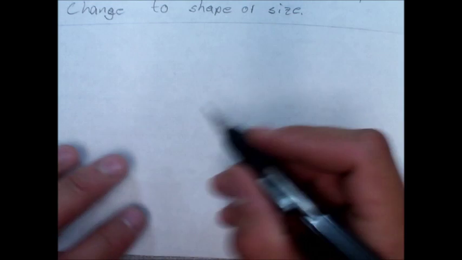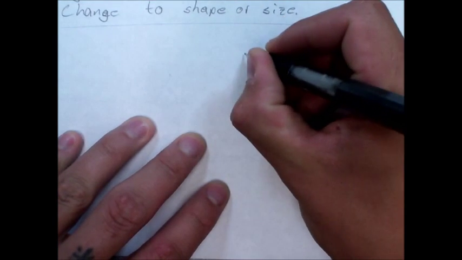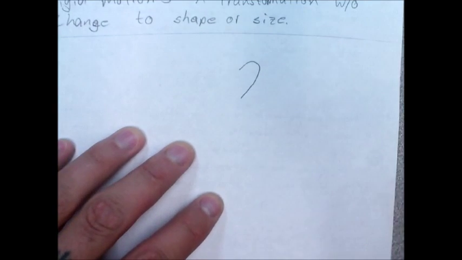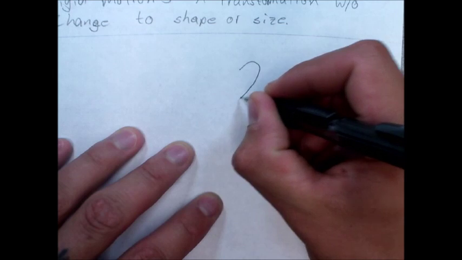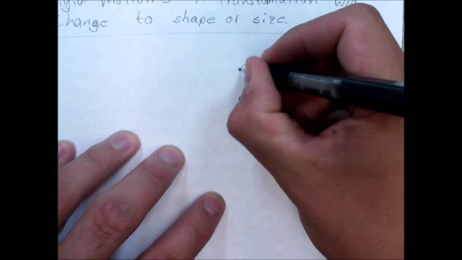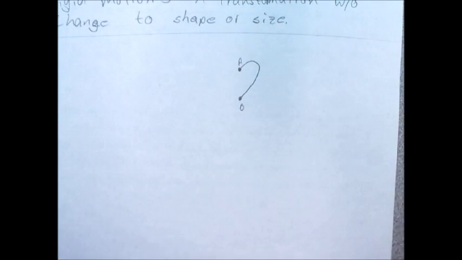Let's just draw a figure. My figure is going to be a half heart because it's cute. I'm going to draw my half heart with labels A and B. Then I'll show you a reflection. Everybody should know what a reflection is.